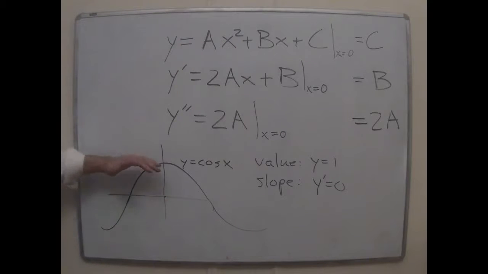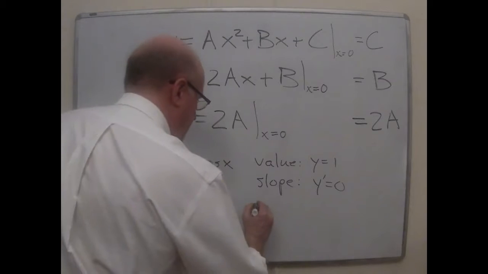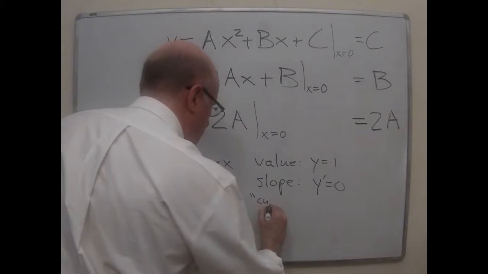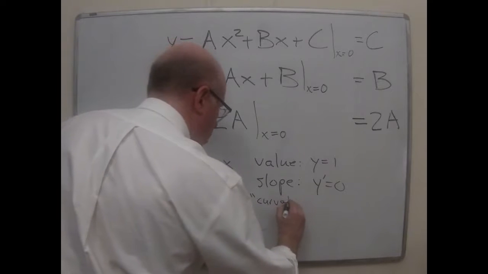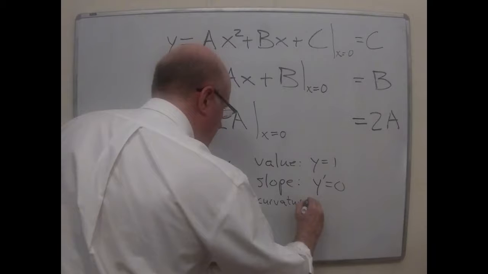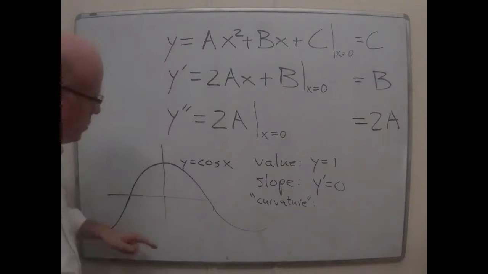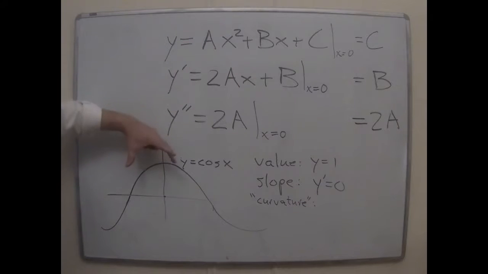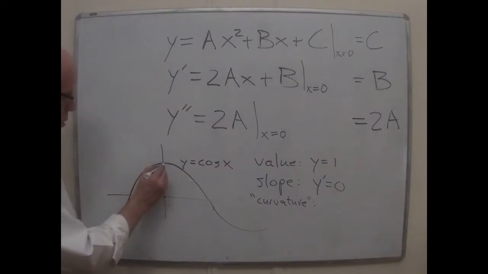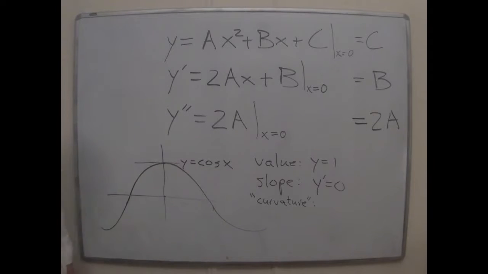And the second derivative tells you essentially how curved it is. Is it concave down or concave up? So I'm just going to say curvature in quotes because that's not quite the right number for curvature. It's off by a scale factor, but it's close enough. The curvature of it is its second derivative evaluated at 0. I could see that the value was 1 and that the tangent line was horizontal, so the value and the slope were easy.